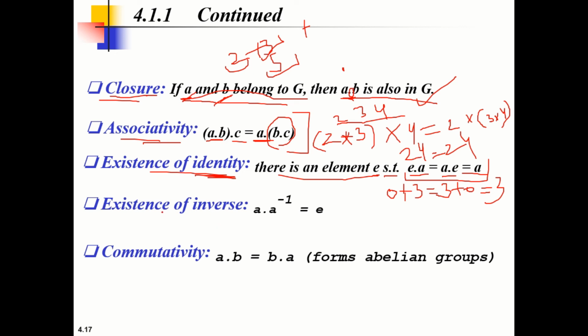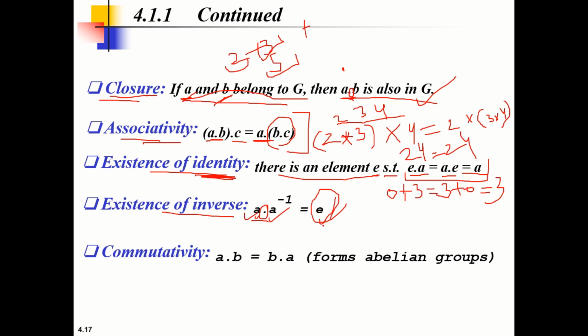Now next is the existence of inverse. When you apply this binary operation on the element and its inverse, then it should give you this element E, which is the identity element.